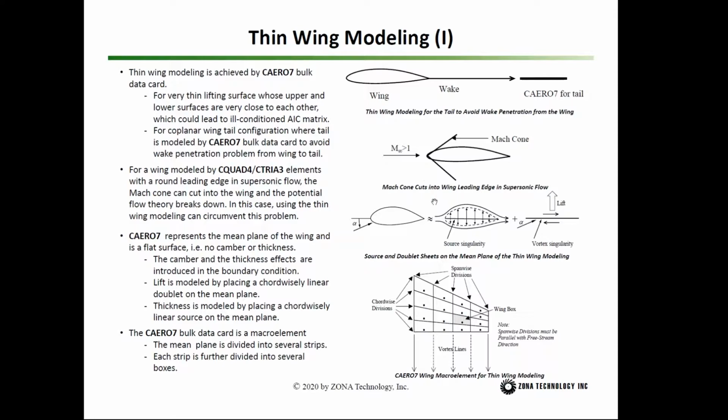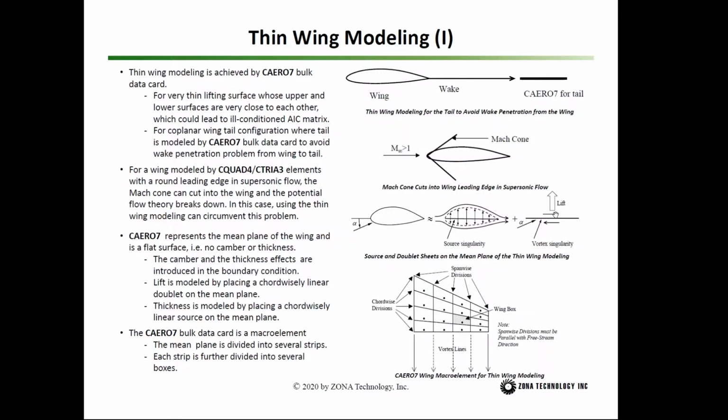So in this case, we also recommend you to use the thin wing modeling, because the CL7 in the computational domain is a flat sheet. Okay, then we place the linear source to simulate the thickness effect of the wing, and we put vortex along this flat sheet of surface to generate the lift.